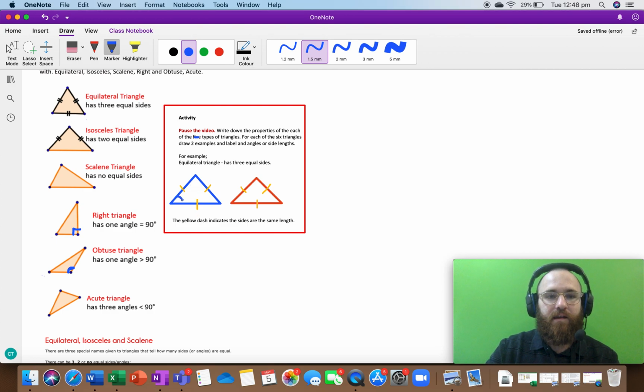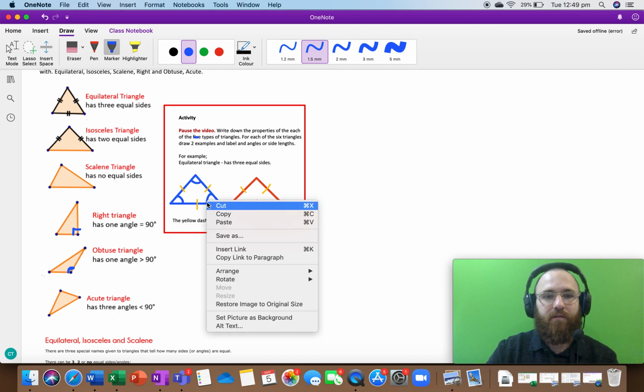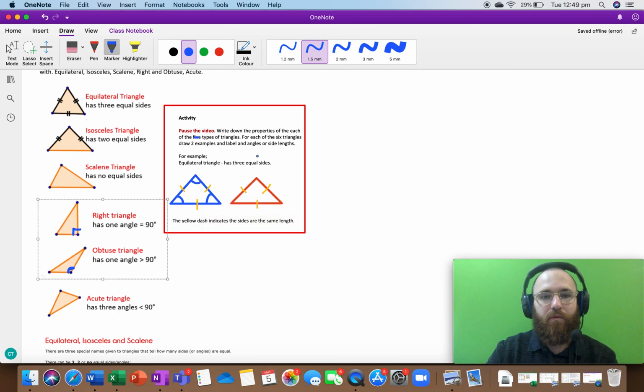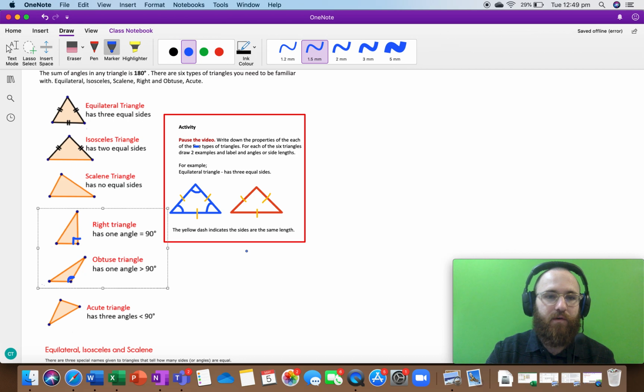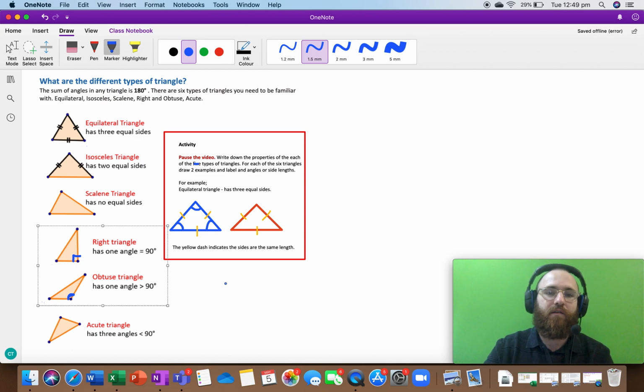You could also add in that it has 3 equal angles. Then I drew another one for the 2 examples. So you're drawing 12 shapes in total and labeling them. 2 of each, so 2 equilateral triangles, 2 isosceles triangles, scalene, right, obtuse, and acute. So pause the video and do that now.